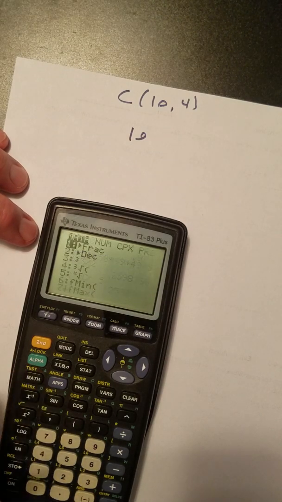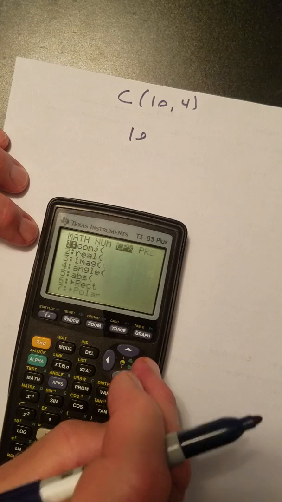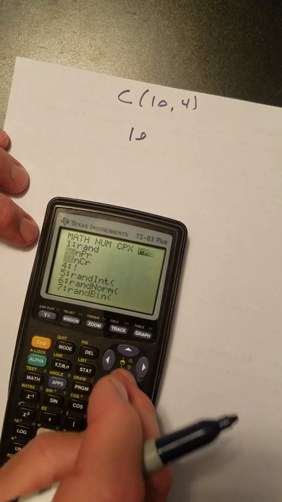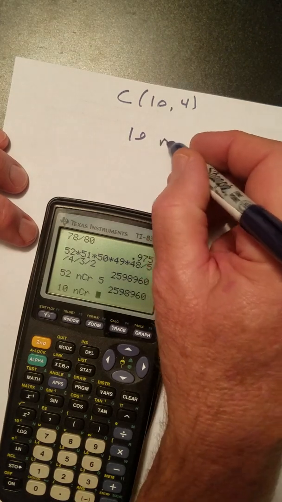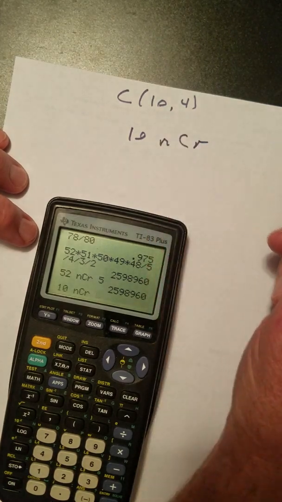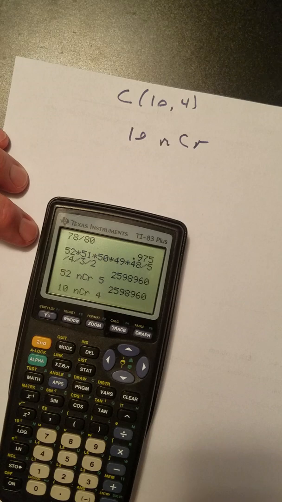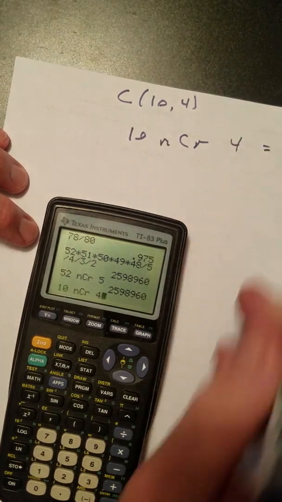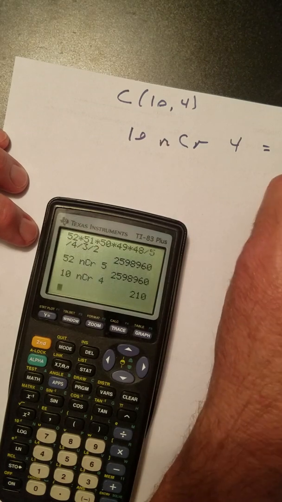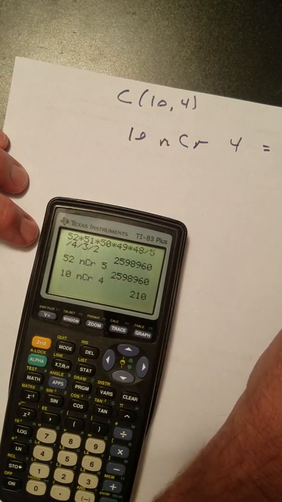So math, go over to probability, go down to the combination key, hit enter. Now my screen looks like this. Now I'm going to put the 4 in, and I'm going to hit enter, and my answer is going to be 210.